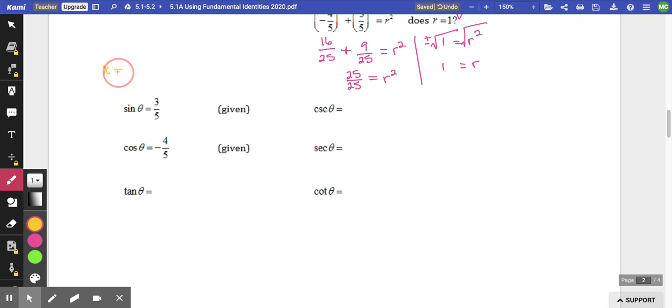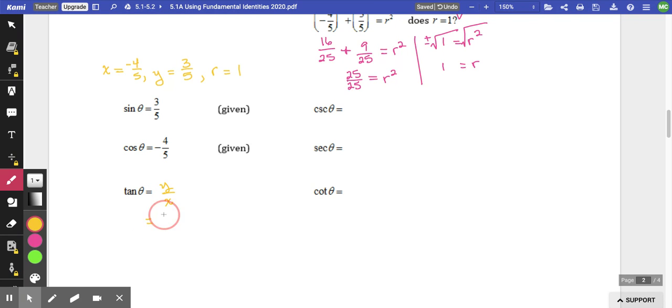I know that x is equal to -4/5 and y is equal to 3/5 and r is equal to 1. So for tangent, in terms of x, y, and r, tangent is y over x.